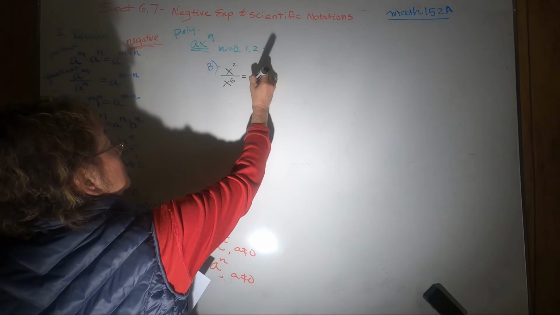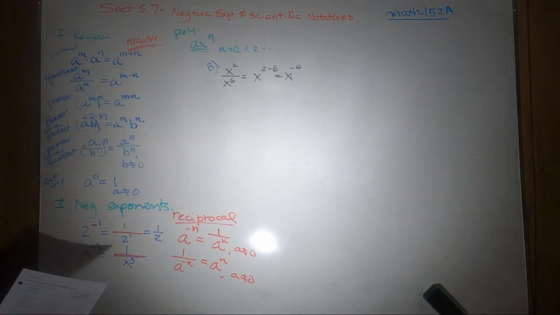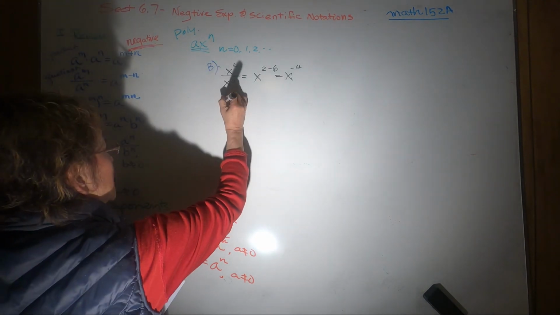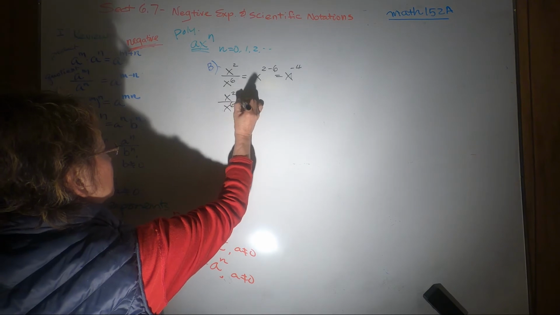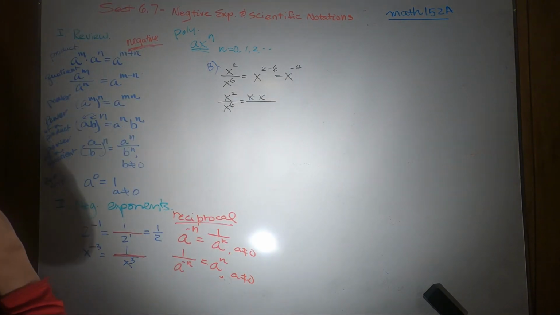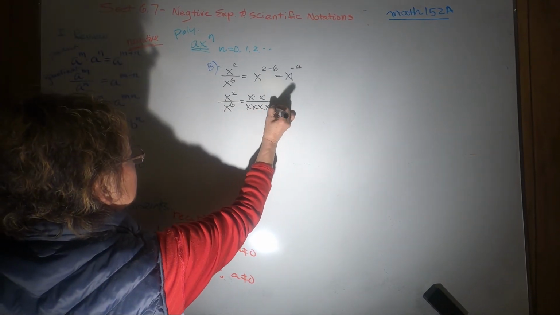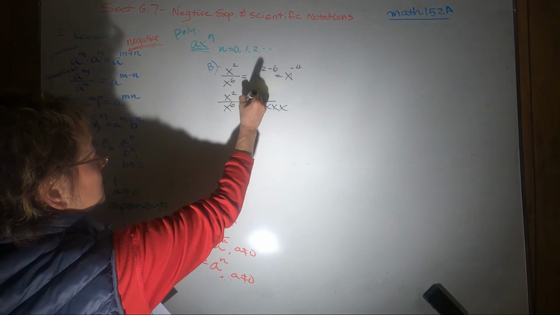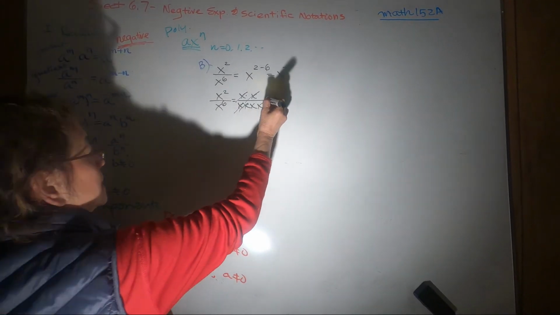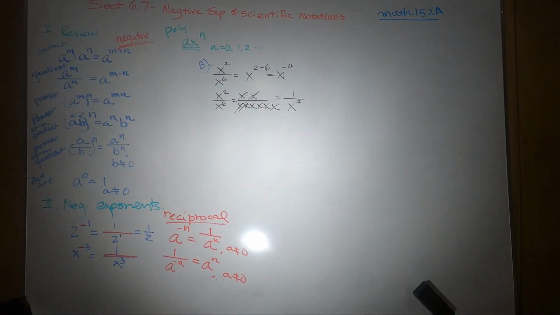So it can be 2 minus 6, it can be negative 4, right? But if we do it regularly, it means what? Division. Then if we simplify them, right? So x, this one is 6 of them. Then because it's a multiplication division, you can cross cancel, right? It ends up what? 1 over x to the 4th power.